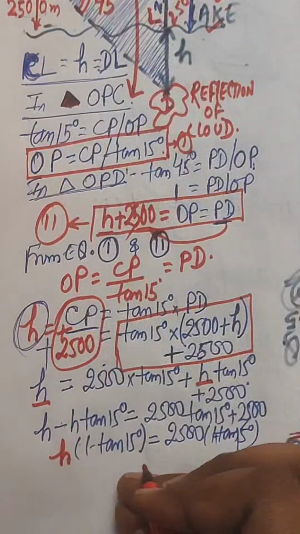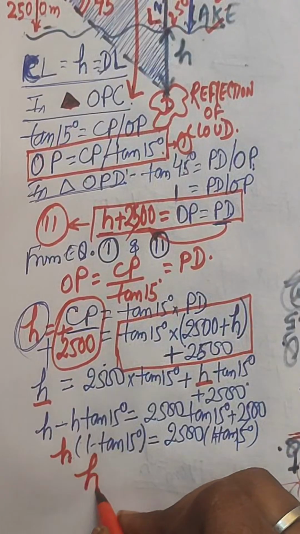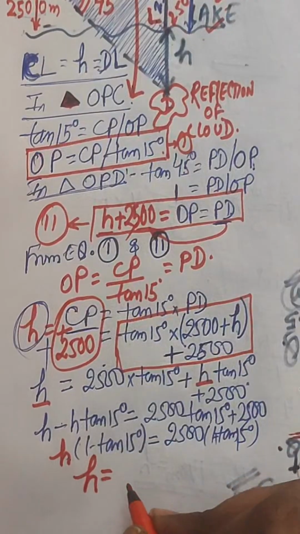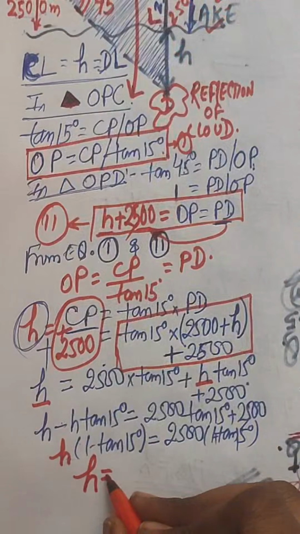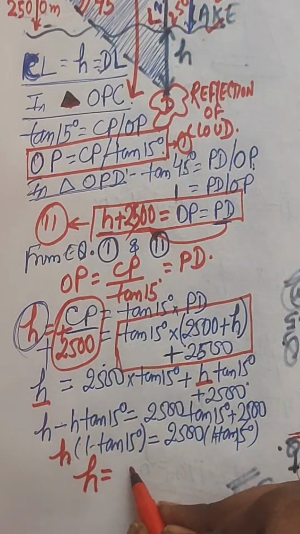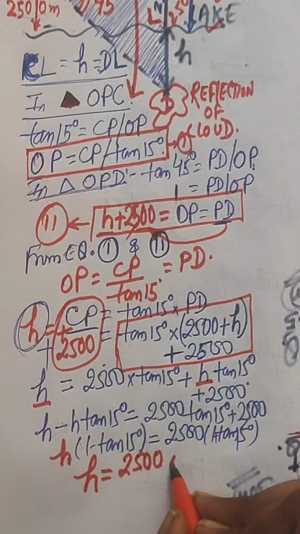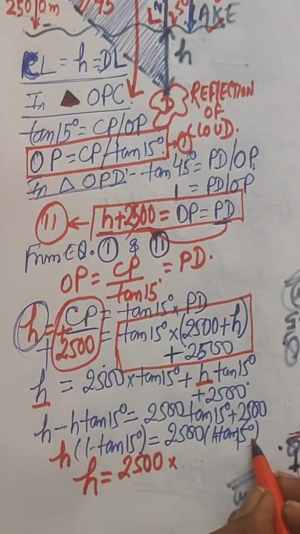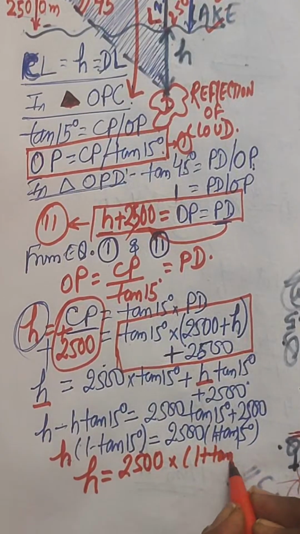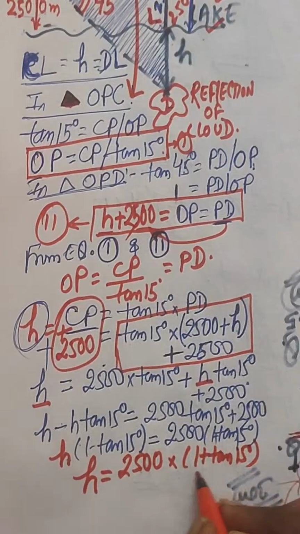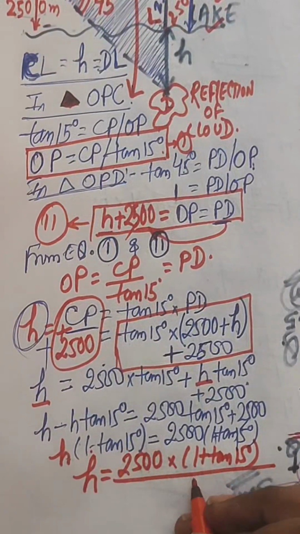So from here we have just calculated and came to our answer. The height of the cloud above the lake level, that is H, is equal to 2500 multiplied by 1 plus tan 15 divided by 1 minus tan 15.